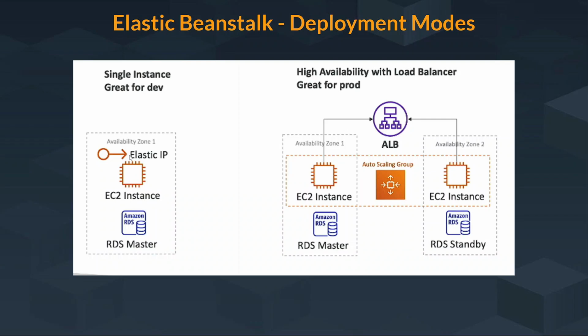You can develop on a single instance, but with a load balancer, which is for the prod environment, you get high availability by having multiple instances, and ALB and ASG are included here. ASG will scale your instances according to need, and ALB will balance the load. So this is great for prod.